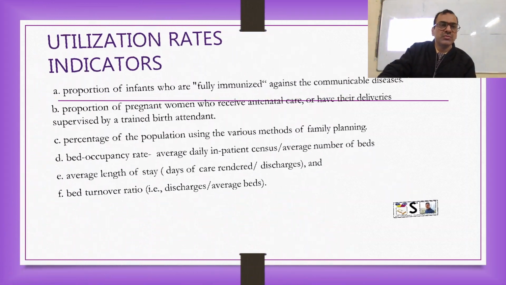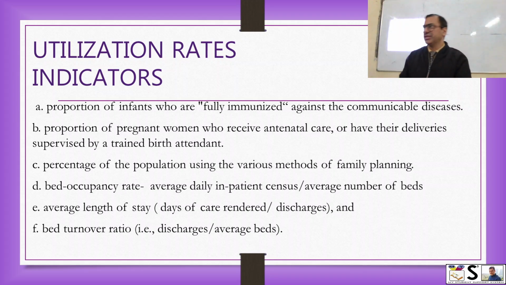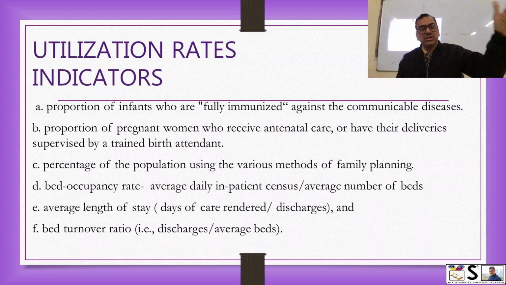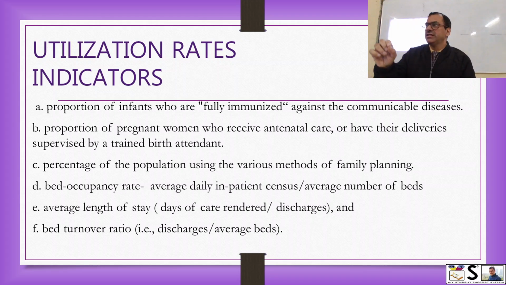Then we come to utilization rate indicators. Okay, what is the utilization rate indicator? It means the health services are available in the community, but the population is not aware of them and they are not utilizing them properly. Okay. For example, normally in all the sub centers we have a sufficient number of vaccines, but the beneficiaries are not coming or they are not taking advantage of that facility.